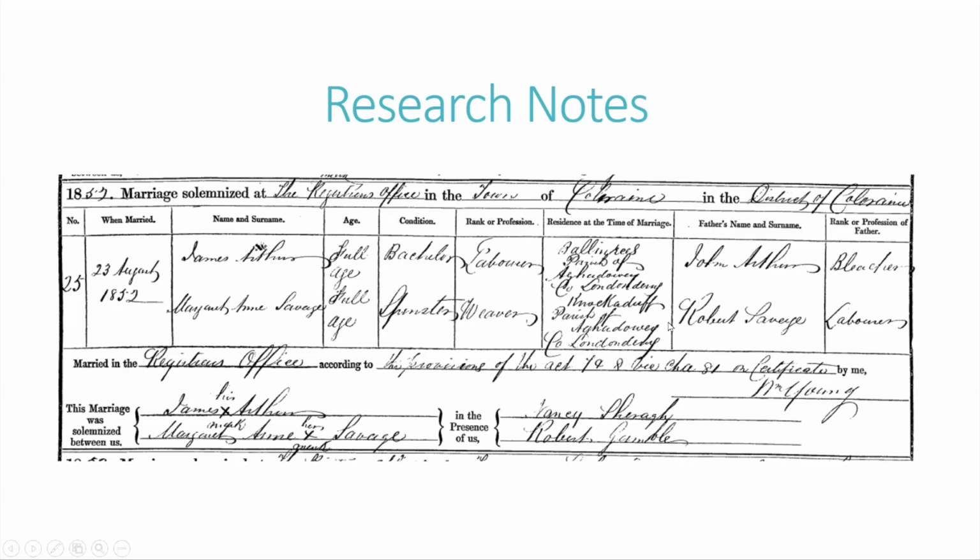I can deal with that in a couple of ways. I can put the marriage in and mark it as uncertain; there's a facility to do that with marriages. Or I can add it as a research note.